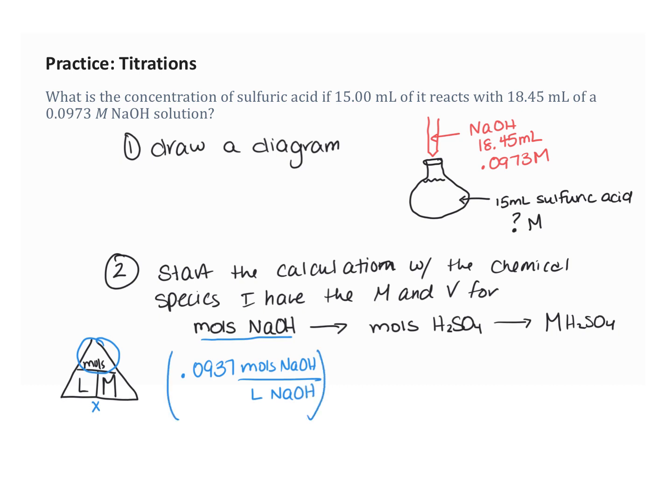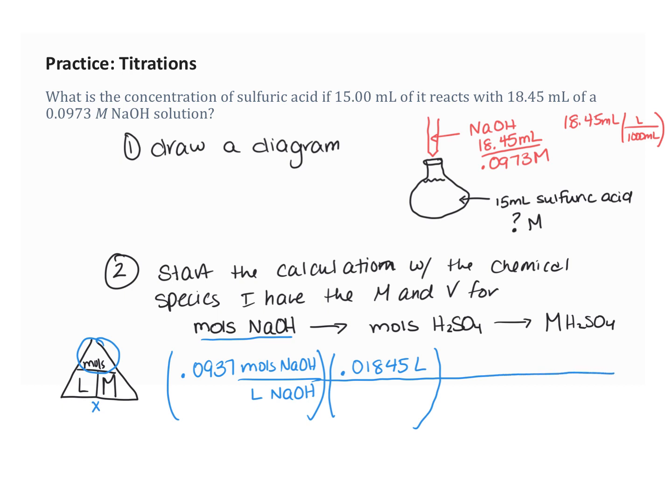I need to convert this to liters. So I take 18.45 milliliters, and I know there's 1,000 milliliters in a liter. And when I do that, that gives me 0.01845 liters. Okay. Now I'm going to try to keep my line kind of right here.